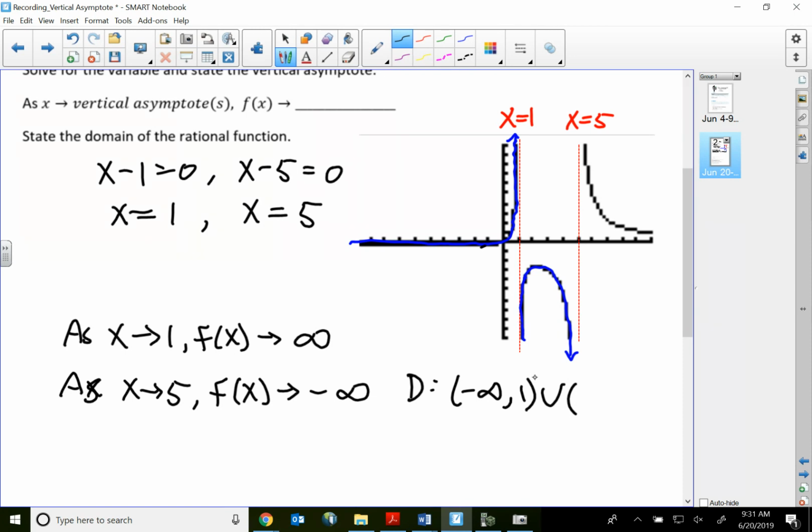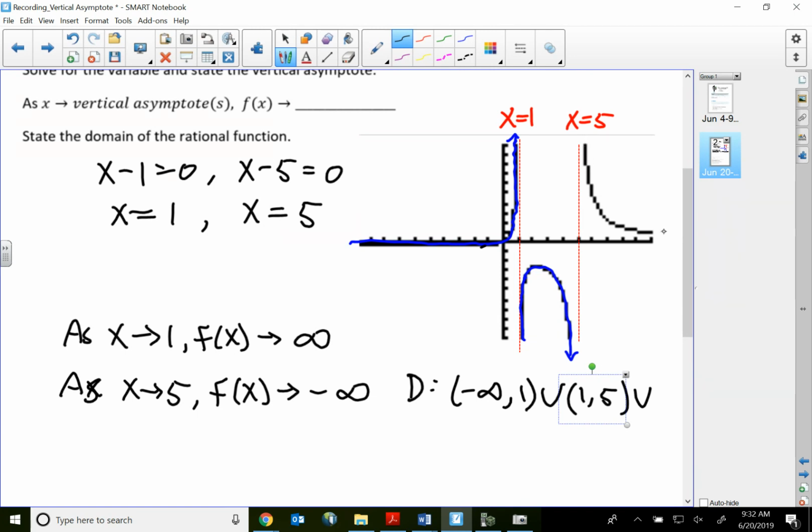Okay. My function does exist from 1 to 5, both using parentheses. So remember now, I'm using parentheses for the simple fact that the 1 and the 5 are vertical asymptotes, so my function can never equal them. So I cannot use brackets. Now the right side of x equal to 5.